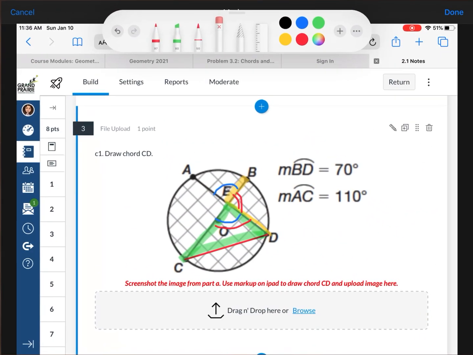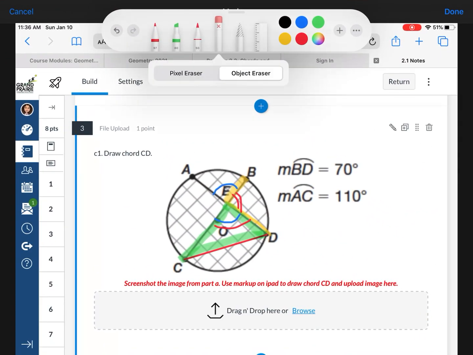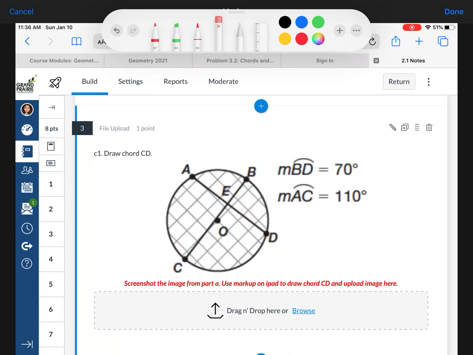So let's go back to our picture. I'm going to erase some of this so we can see exactly what it's talking about. Let's trace the measure of angle BED. Then we're going to trace the measure of angle EDC. I think they mean DEC. And ECD.